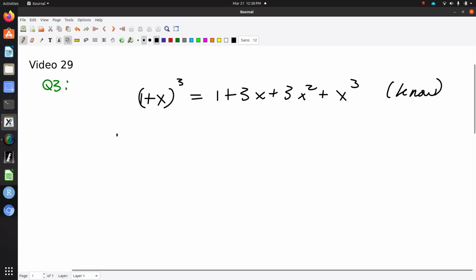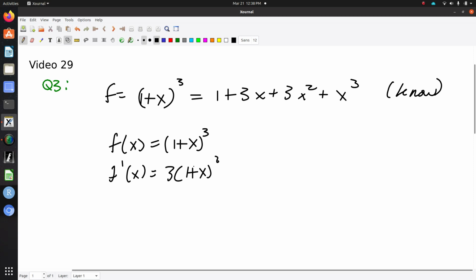So what we want to do is say f of x equals this function, and we want to take the derivative of this function, and we want to take another derivative, and we're going to take another derivative, that's the last derivative, and then it becomes 0.